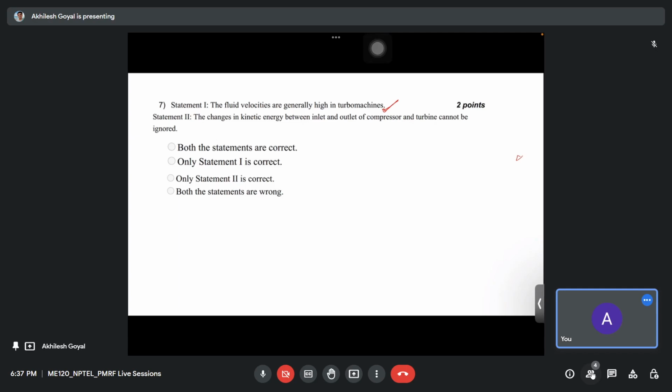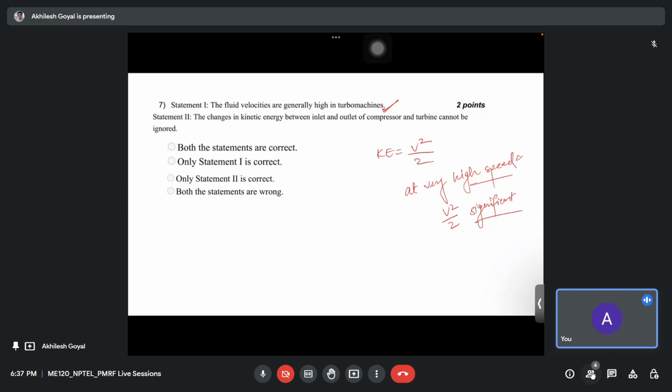Okay. So if we see the kinetic energy, KE is given by v square by 2, right? And at very high speeds, the value of v square by 2 would be significant. Okay.